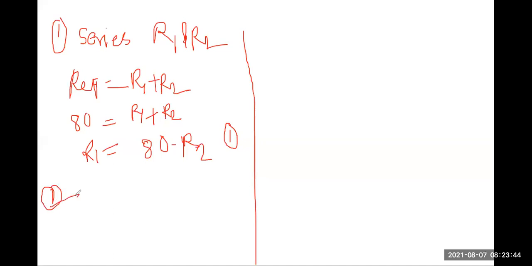Here I am going to speak about the parallel. Resistances R1 and R2 are in parallel. So when they are parallel, we can write it like this: 1 upon R1 plus 1 upon R2 is equal to 1 upon 20.